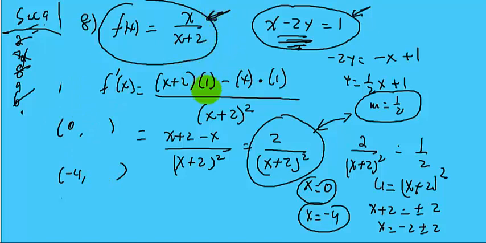So when I plug in 0, the whole thing turns into 0. That was easy. When I plug in negative 4, the top is negative 4, the bottom is negative 2, so negative 4 divided by negative 2 is going to give me positive 2. Alright, so we found the point. The slope is 1/2, both places.